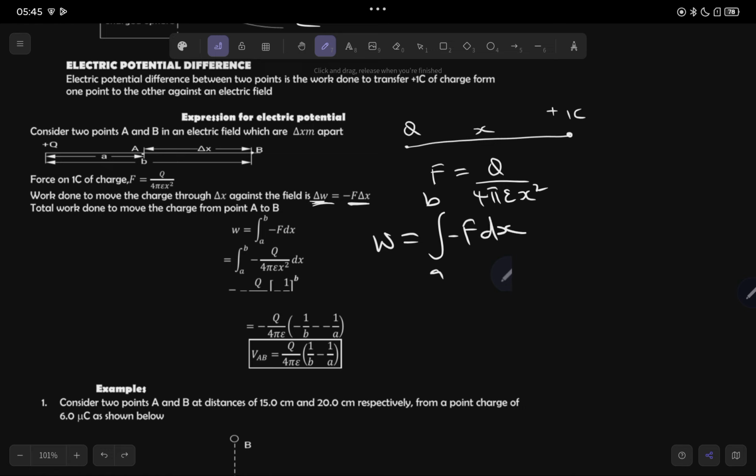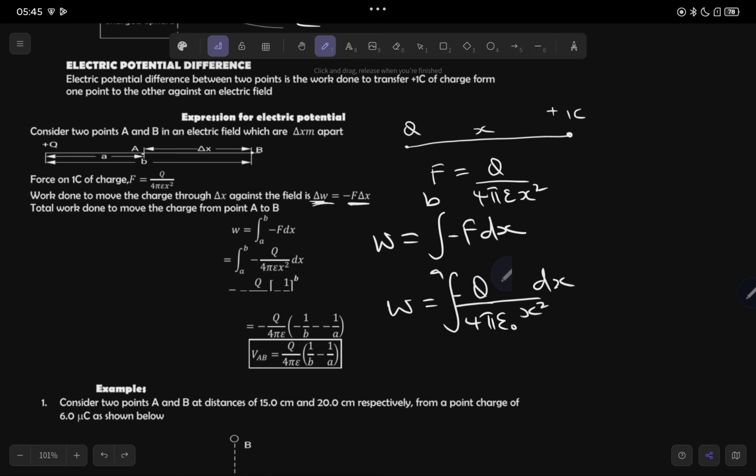And we have the value of F there, so we substitute. When we substitute it, work done is negative Q over 4 pi epsilon x squared.